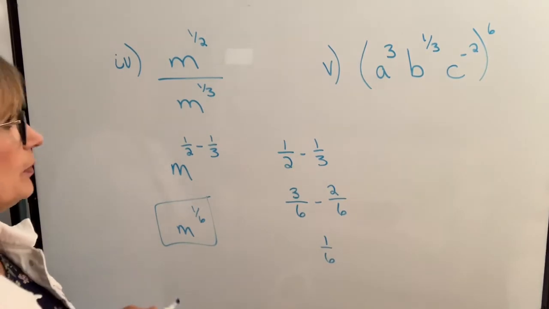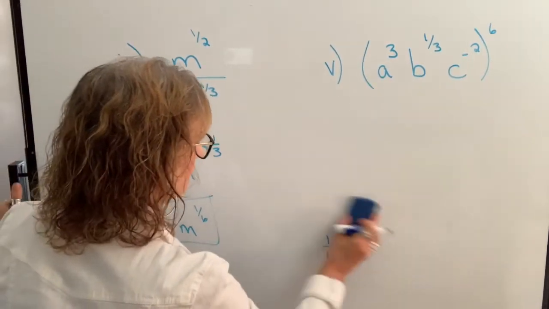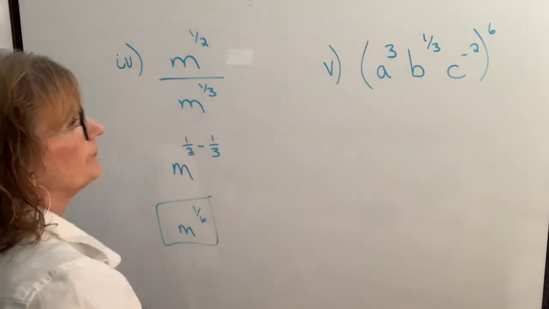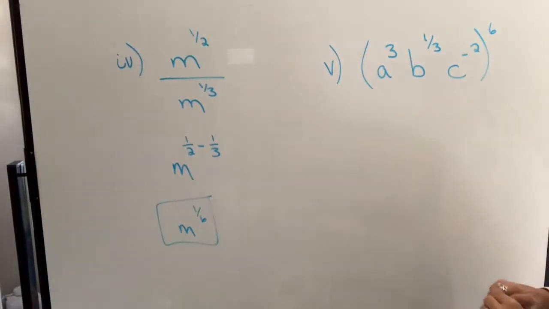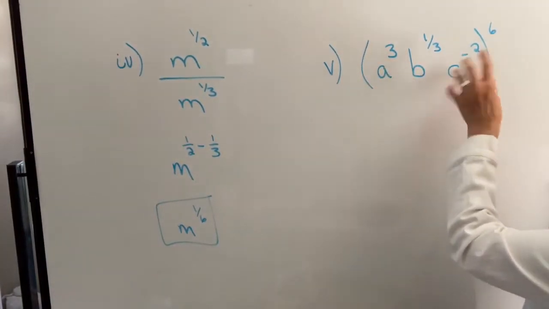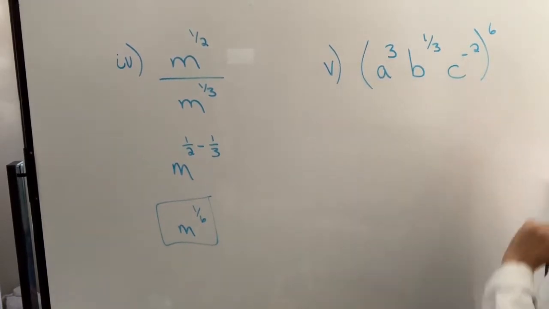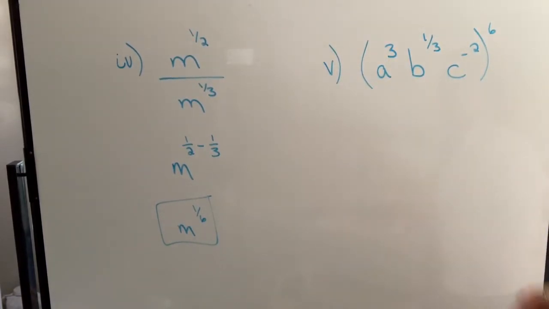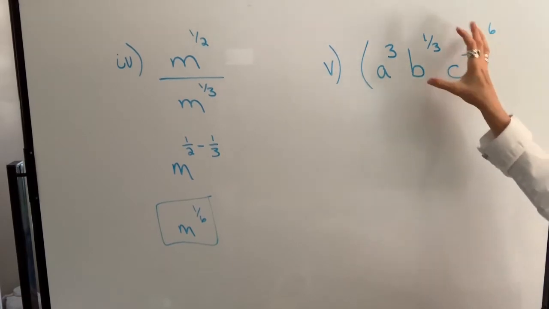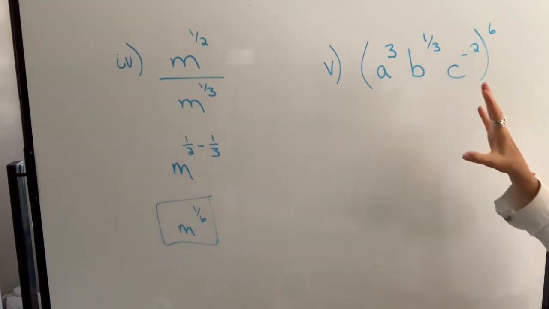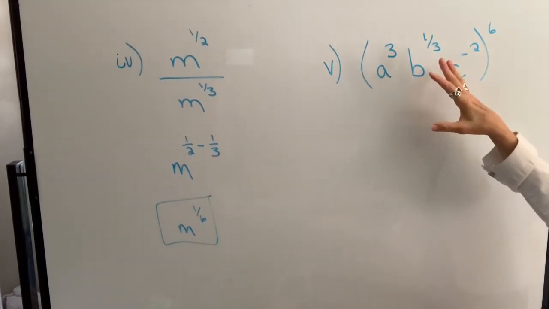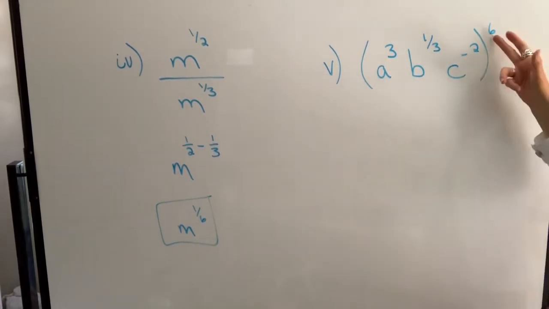My next example is a product raised to an exponent, which I can apply to each of those factors, or I could simplify within. In this case, normally I simplify within, but I'm going to just work with this exponent first.